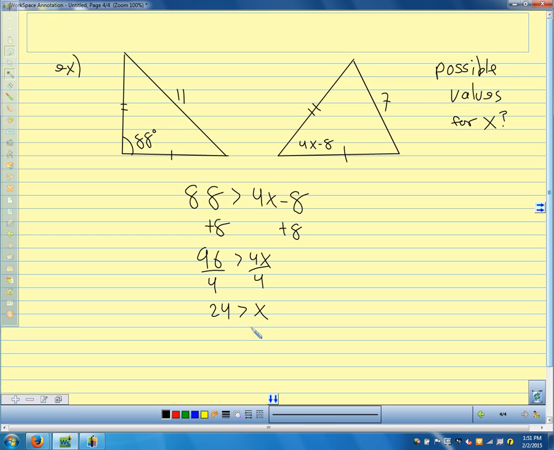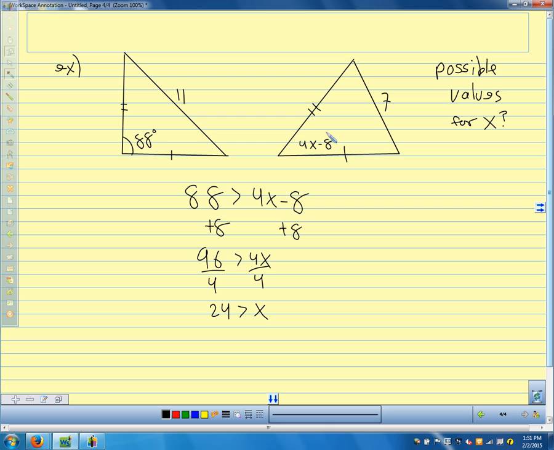All right, so there's one part of our range of values. How do we get the other part? We need x between something and something else. Anybody have an idea of what that might be? What does this angle have to be bigger than in order to even have a triangle? 0, right?